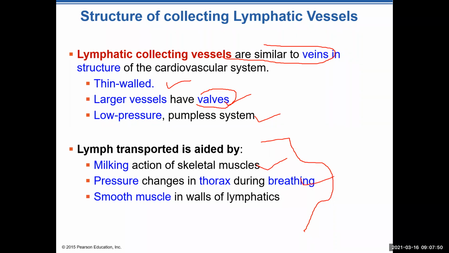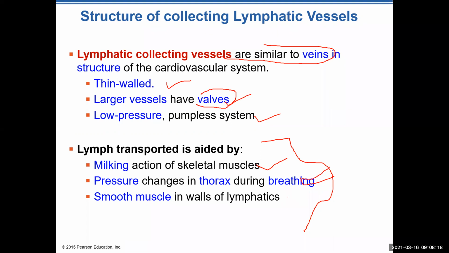As the muscles contract, they milk the lymph through these lymphatic vessels, and it is brought back to the bigger ducts, the thoracic duct or the right lymphatic duct. Also the respiratory pumps: pressure changes in the thorax and abdomen during breathing basically pump the blood in the veins. Same thing here.